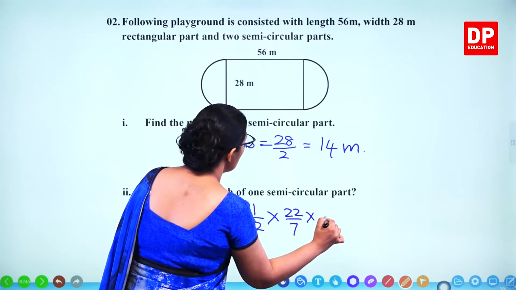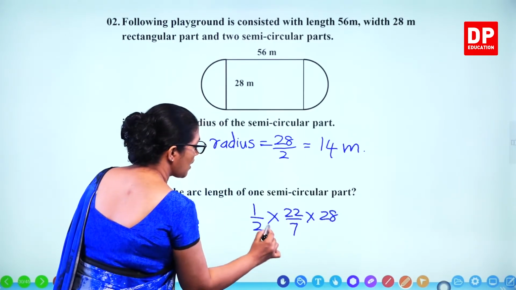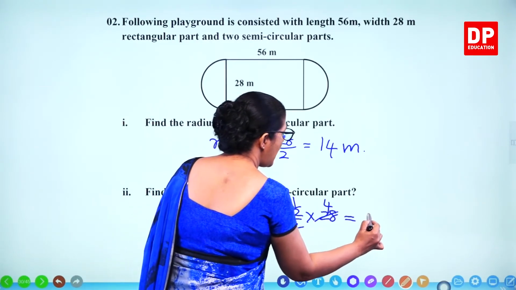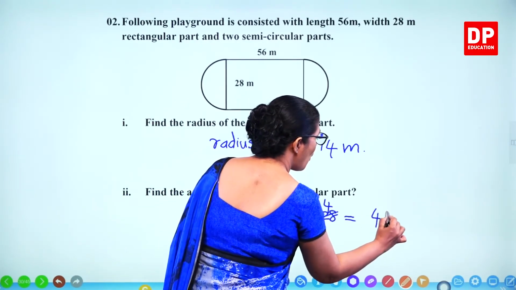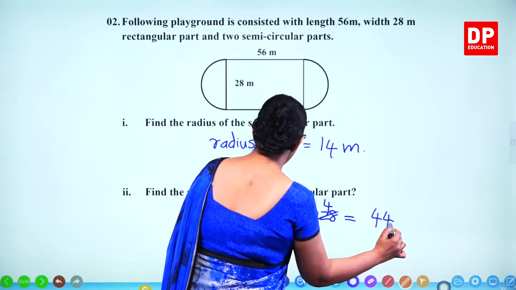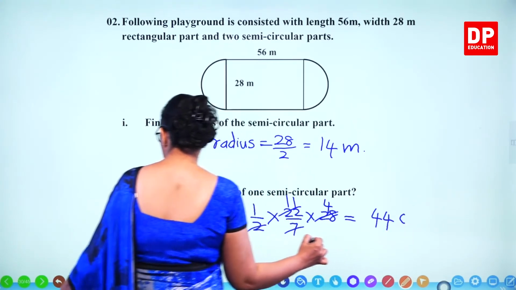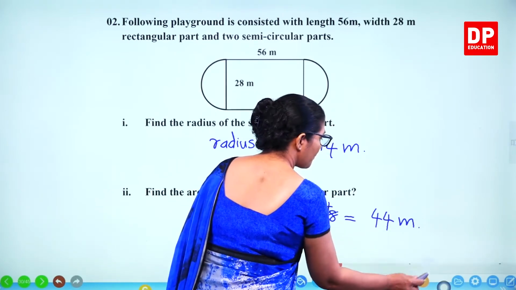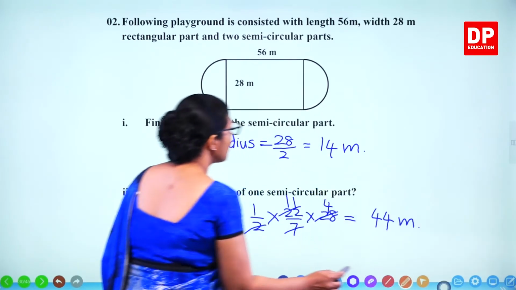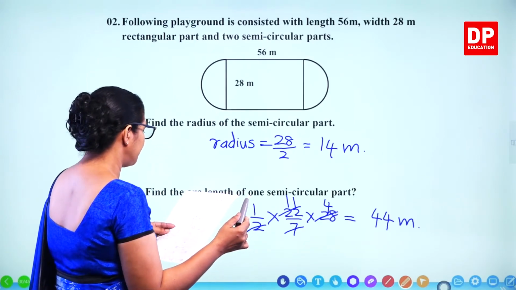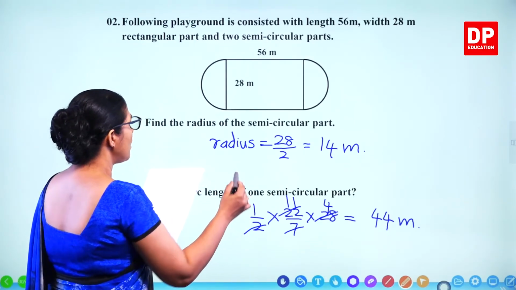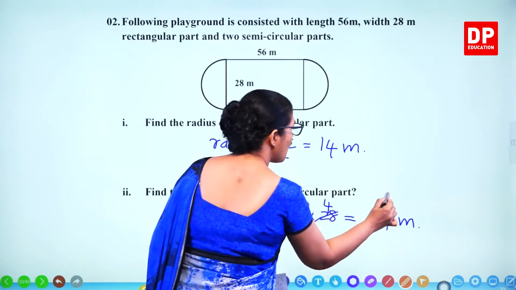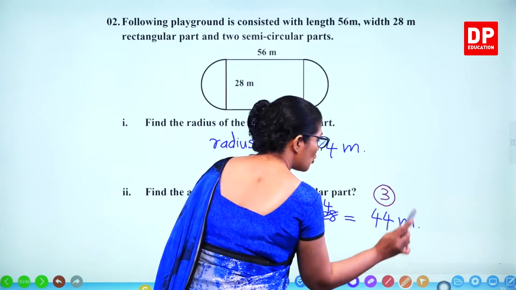D is 28. 2 and this 11. 7 times 4, 28. 11 times 4, 44 meters. How many marks? You get 1 mark for radius and 3 marks for finding the arc length. This is just one part.